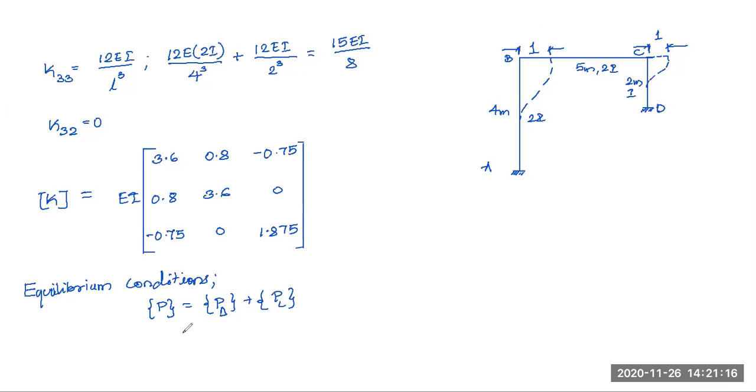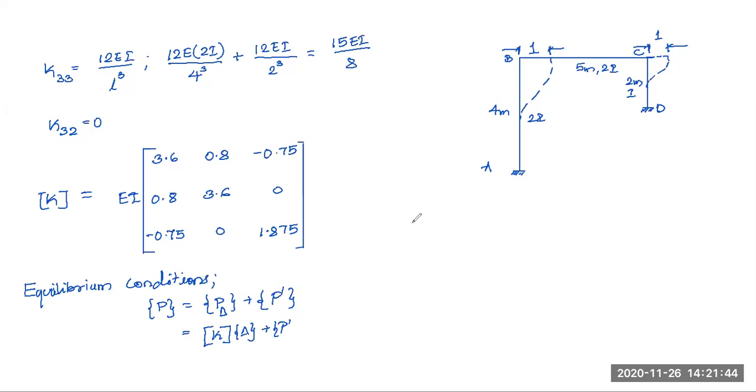In turn, this was K into delta, stiffness matrix into the displacement matrix, plus P dash. Sometimes I use PL also. So it is P dash over here.